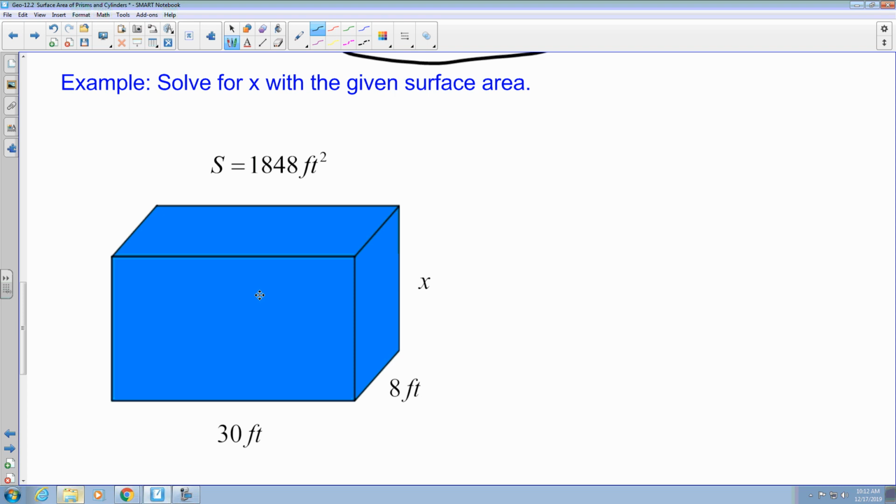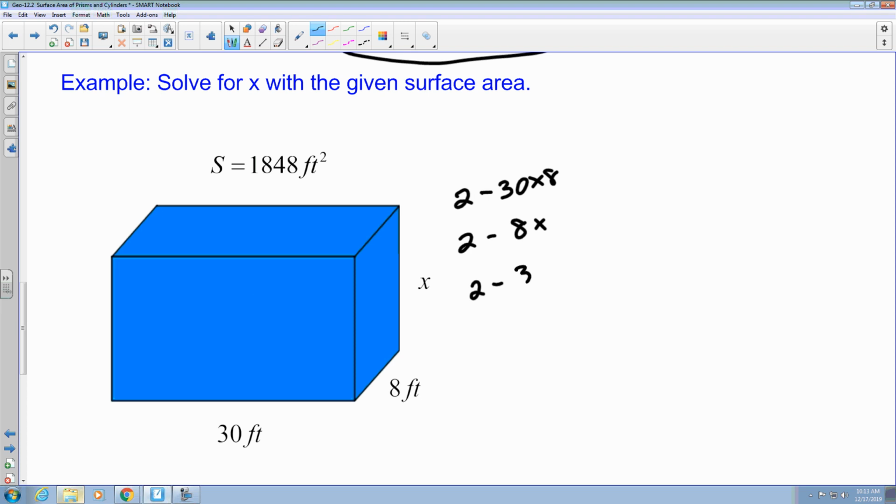So very similar to the problem that we just looked at. This is where we have two different sizes for lateral faces. So we can look at the two bases. We're going to have two bases with dimensions of 30 by 8. We're going to have two of them with dimensions of 8 by x. And we're going to have two with dimensions of 30 by x.